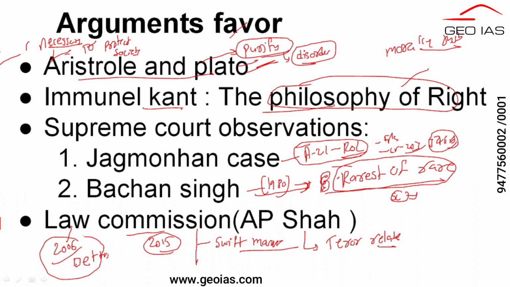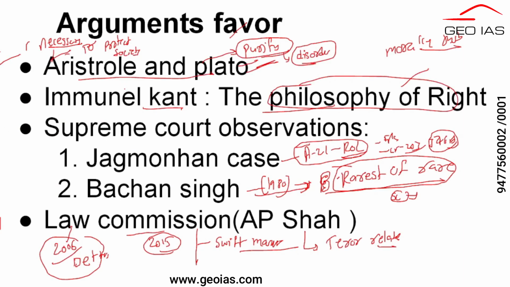In fact, the Law Commission 2006 also stated that there should be new alternative methods. The Law Commission 2006 believes that capital punishment should be continued, but there should be new alternative methods.